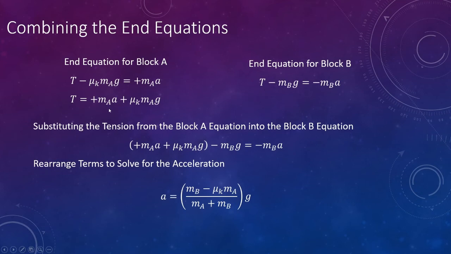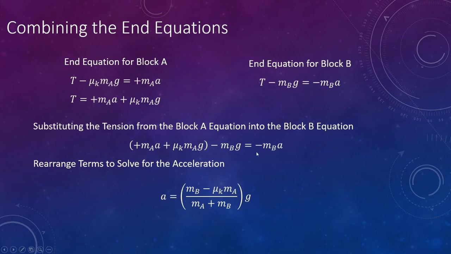Let's substitute it in for the tension in the second equation. So what we'll do is we'll put in the expression for the tension that we get from looking at the forces on block A, and we'll put that into our equation for block B. When we do so, we have our tension, which is mass of A times its acceleration plus the coefficient of kinetic friction times the mass of A times g, that was our tension, minus the force of gravity on B, Bg, is equal to the mass of B times its acceleration.